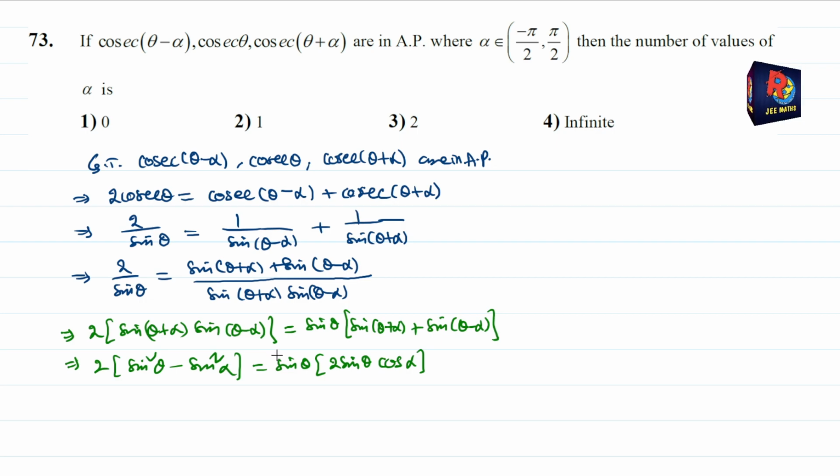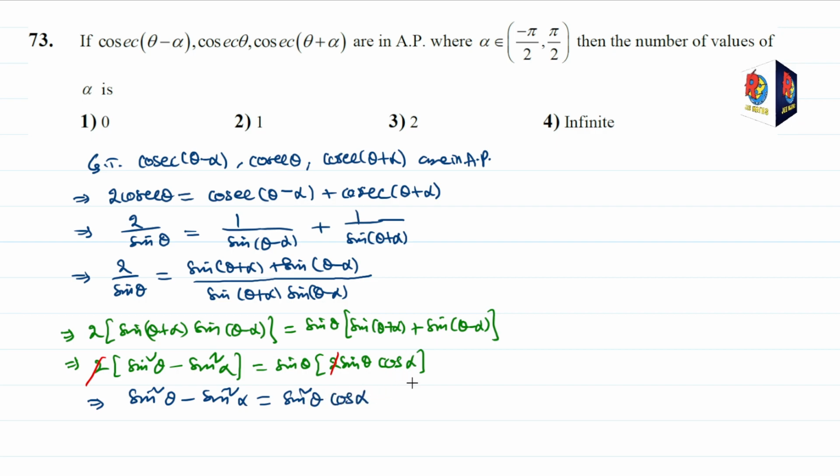Now we can cancel 2 on both sides, no issue about that. And after that I can write sin square theta minus sin square alpha equals sin square theta cos alpha.